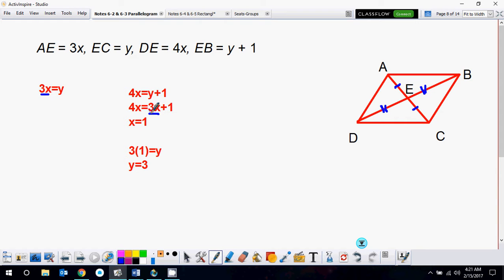So then you've got 4x equals 3x plus 1, so x is going to equal 1. Okay. Once you've got x, then you can plug back in 3 times 1 equals y, so y is going to be 3 as well. The next one is going to be very similar, so I want you to try that one by yourself, and then you can continue with the video.